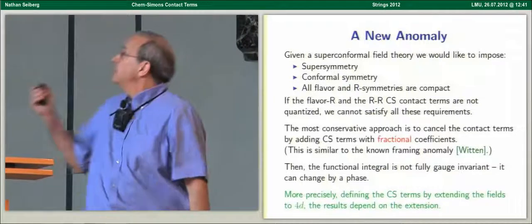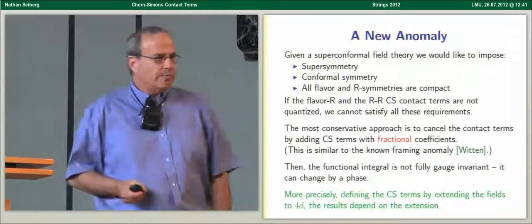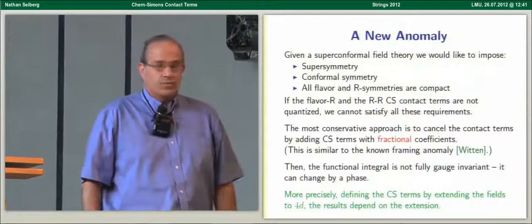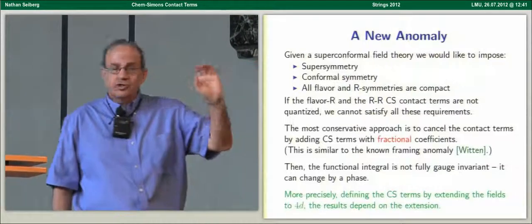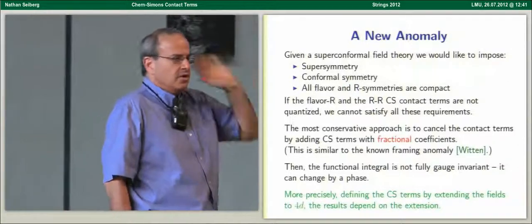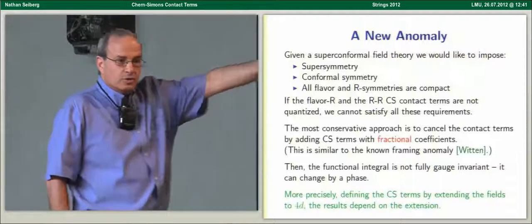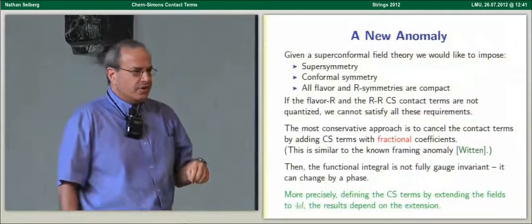And in this case, it's the compactness, the fact that all the flavor and R symmetries are compact. If we sacrifice this for a moment, then we can add Chern-Simons terms with fractional coefficients. We sacrifice something, I'll soon be more specific about that. Now all the contact terms are conformally invariant.